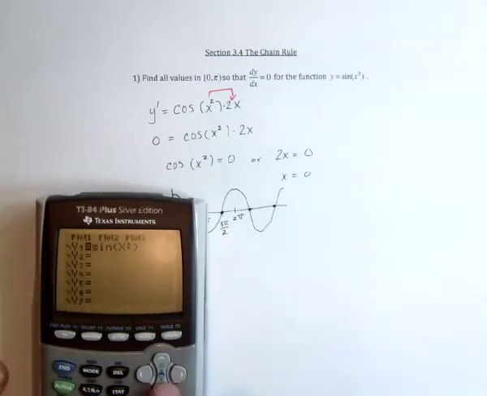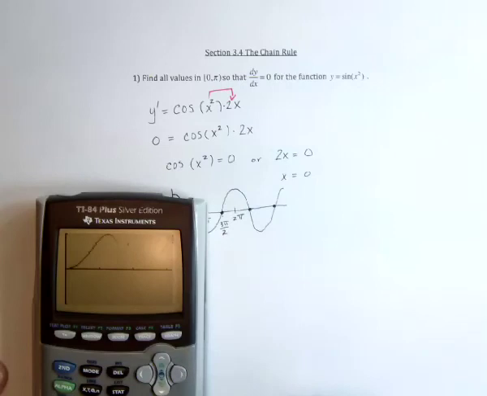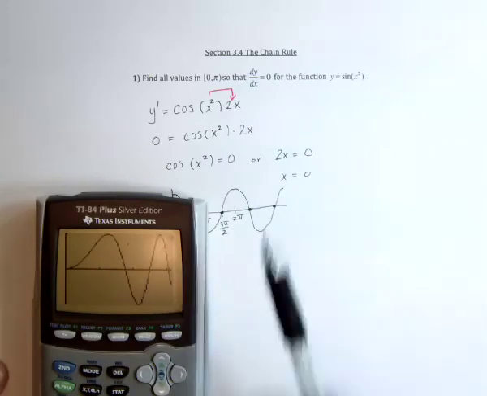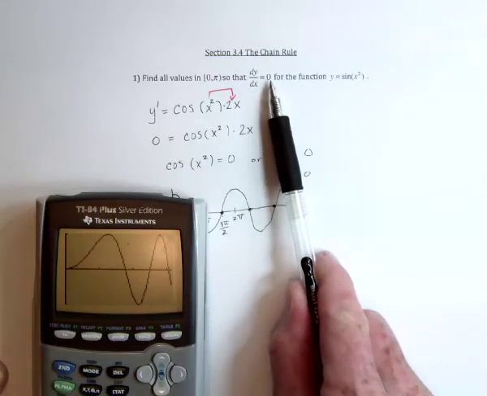So if we graph sine of x squared on the window from 0 to just pi, the biggest sine it gets is 1, so -1 to 1 for y is fine. And now take a look at the graph. So the question is asking for when the slope equals 0 for the tangent line.